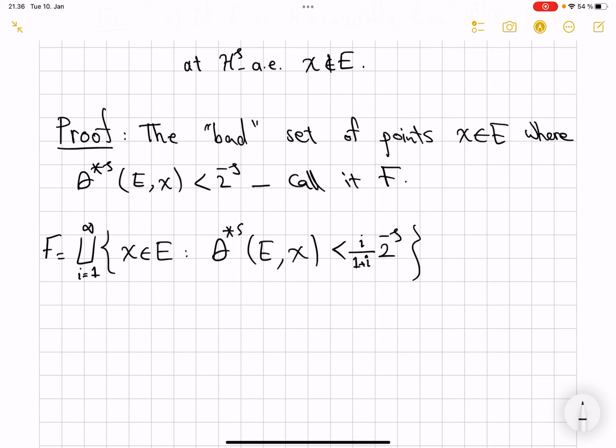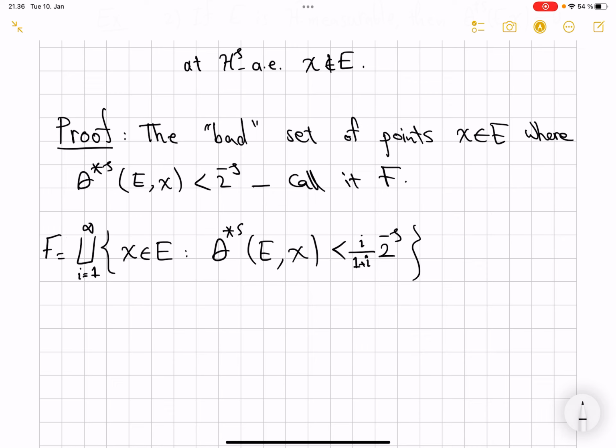And this trick of breaking up into a countable union is a very common technique in measure theory and geometric measure theory of proving estimates for sets. So we will break F into pieces and then prove that the measure of each piece is 0.